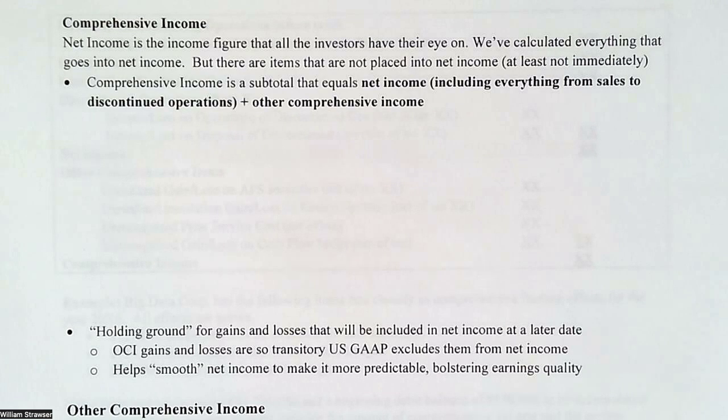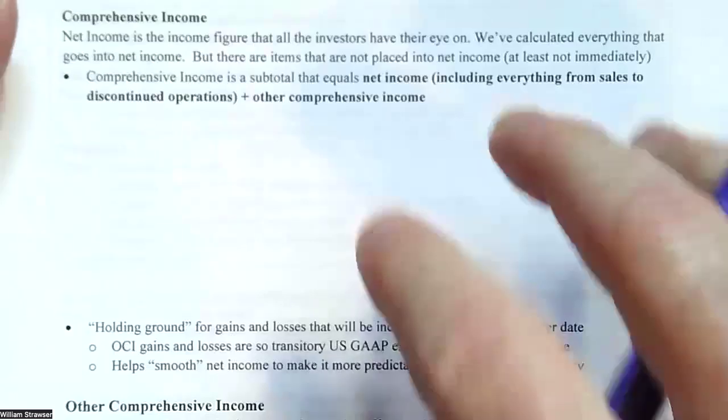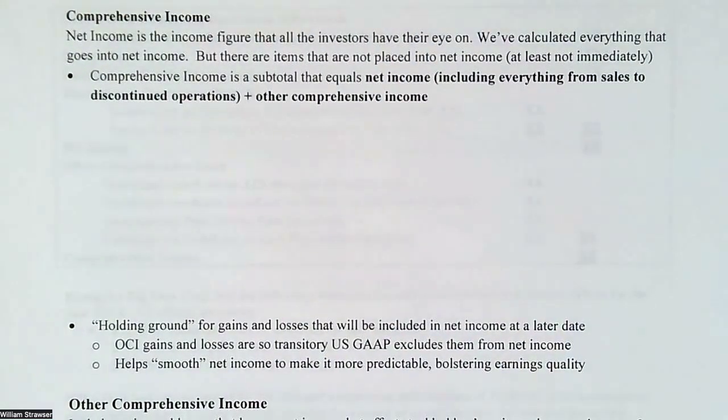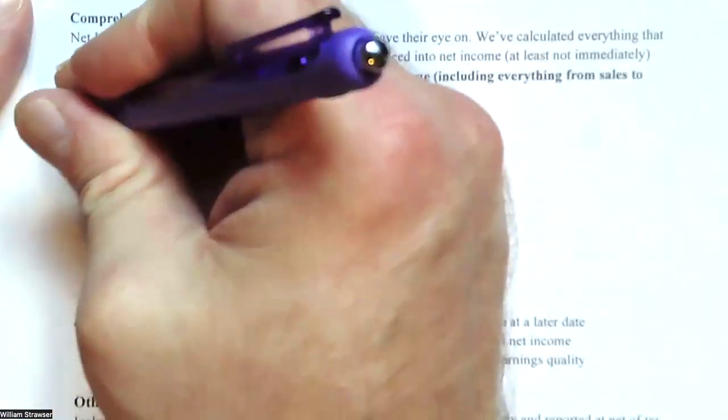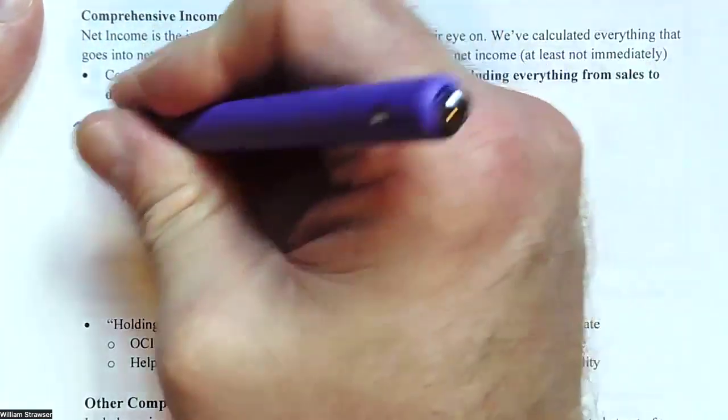We've calculated everything that goes into income, but there are some items that do not immediately hit net income. So this introduces the idea of comprehensive income. Now, comprehensive income is below net income. There are actually three ways of disclosing, or three options for disclosure.